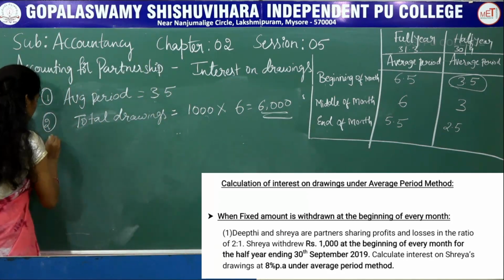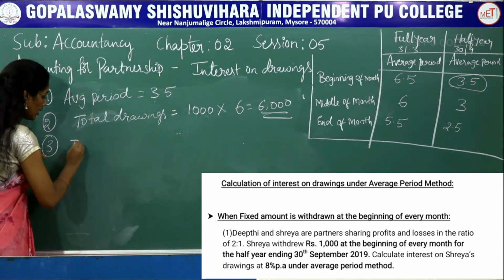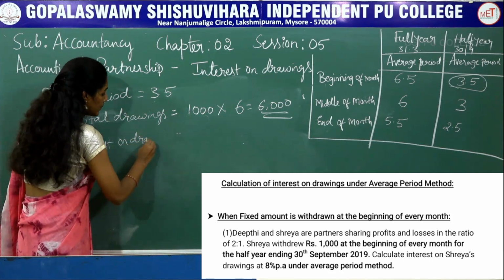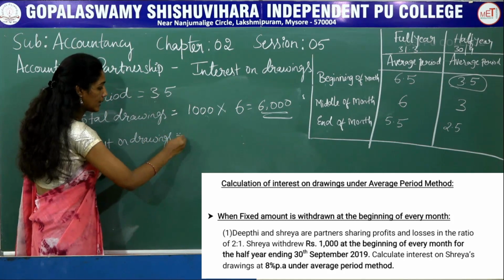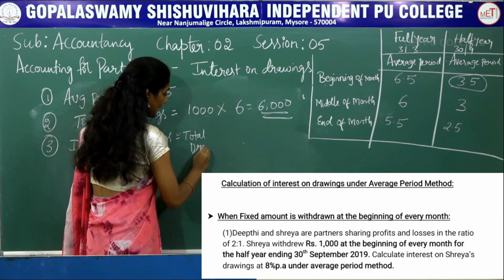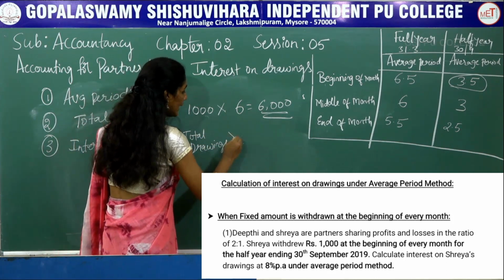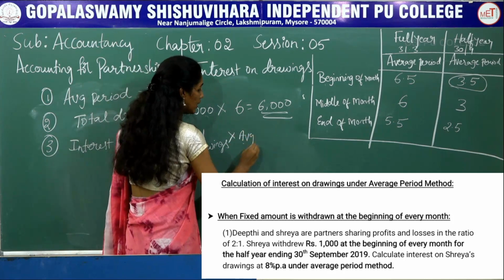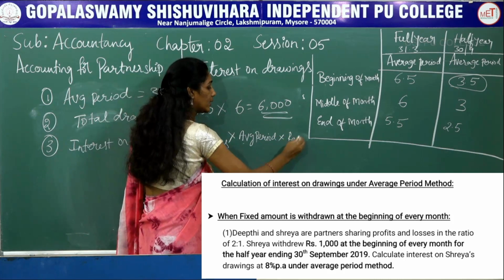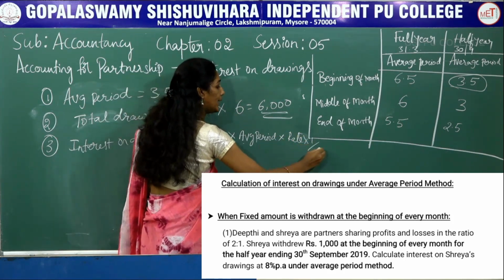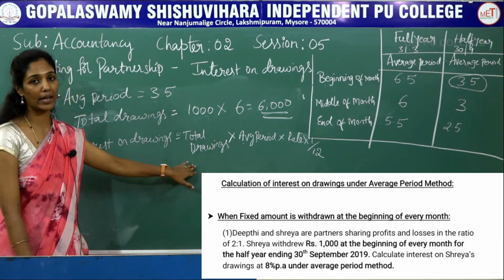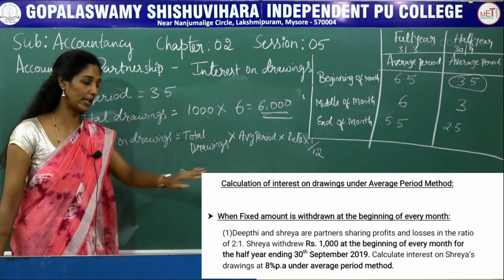Then now apply the formula in this third step. Interest on drawings equals total drawings into average period into rate into 1 by 12. So this is the formula for the average period method for calculating interest on partners' drawings.